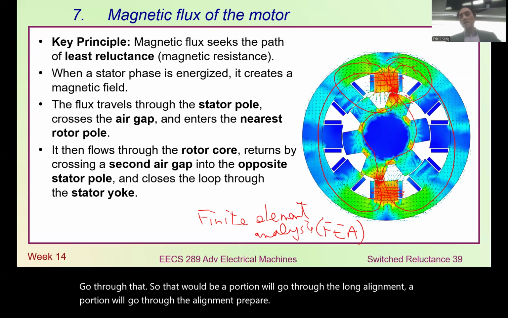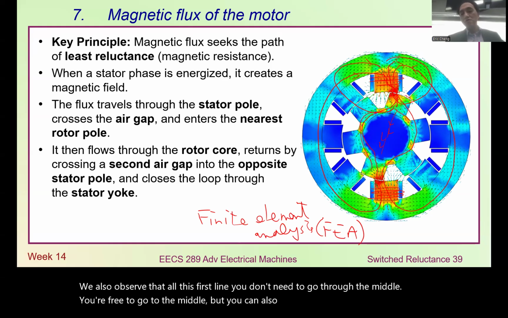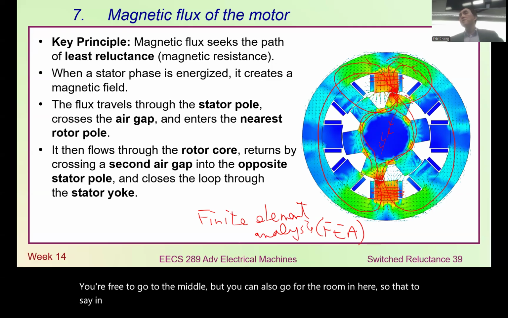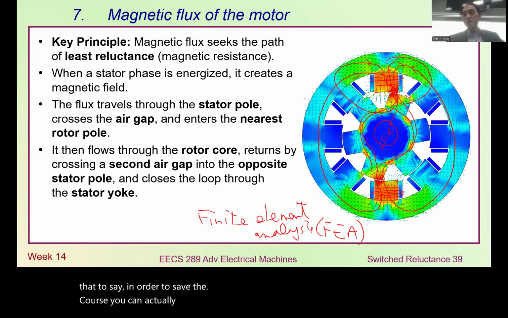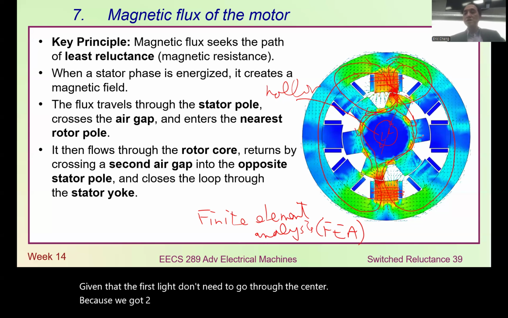We also observe that all this flux line doesn't need to go through the middle. In theory you go to the middle, but you can also go through the rim here. So in order to save cost, we can actually make it hollow here. Given that the flux line doesn't need to go through the center, because we have two adjacent paths, it can still conduct the magnetic flux.